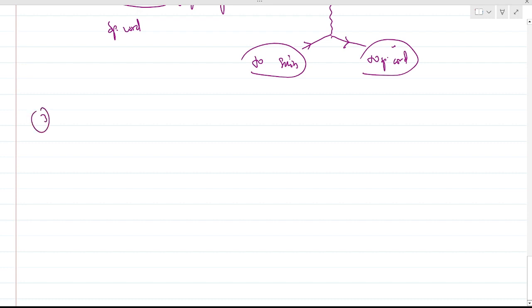The third type of neuron, very common, are bipolar neurons. As we say bipolar, so it must have a single cell body, a dendrite for receiving information, and an axon.